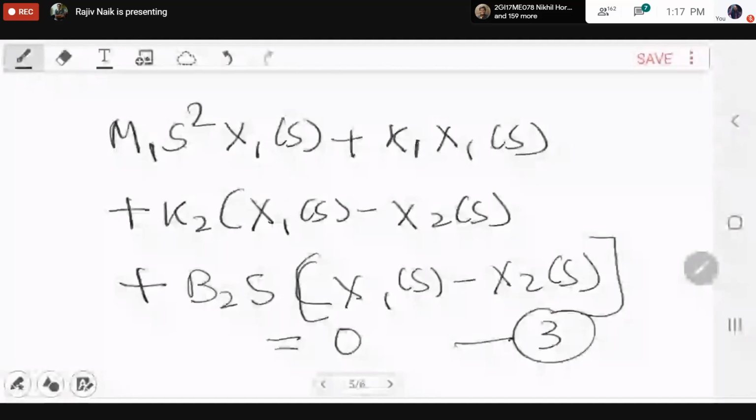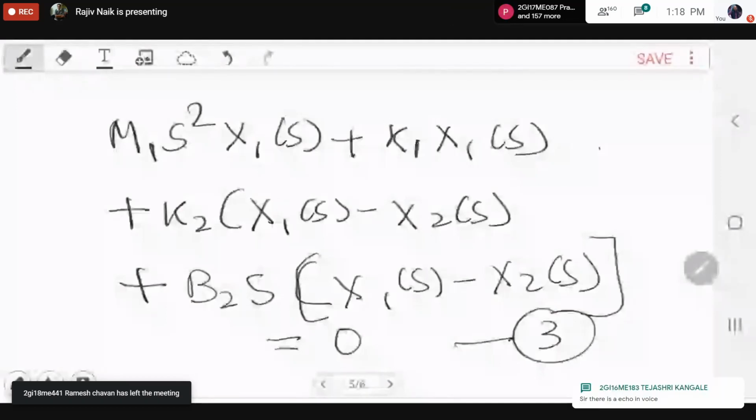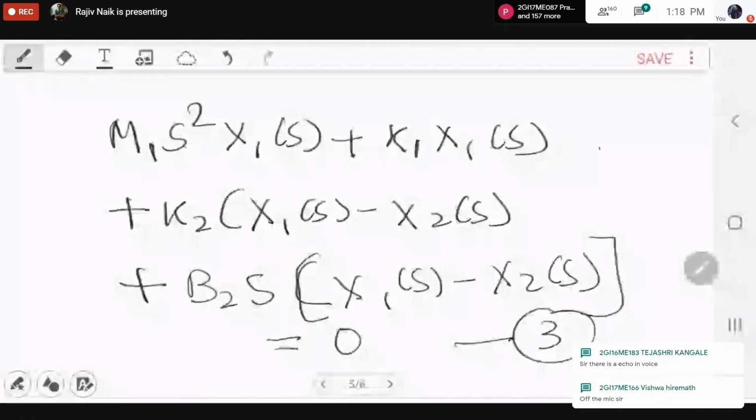this is it for mass m1. K1 into x1s is there at the top only, because K1 is connected between mass m1 and rigid body on the left side, wall is there. So that is not moving. So when that is not moving, only x1 term will come. Whereas K2 and B2 are connected between mass m1 and m2, hence it is x1 minus x2 or x2 minus x1.